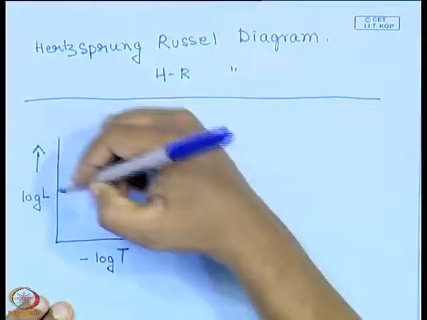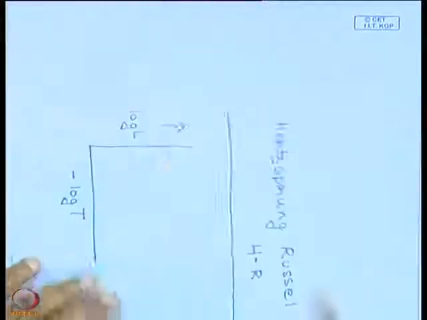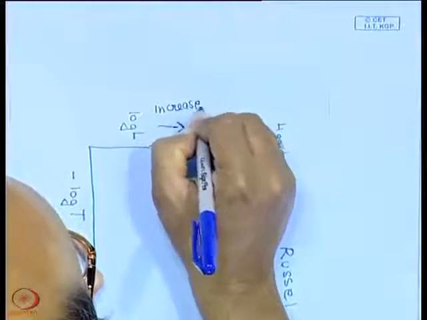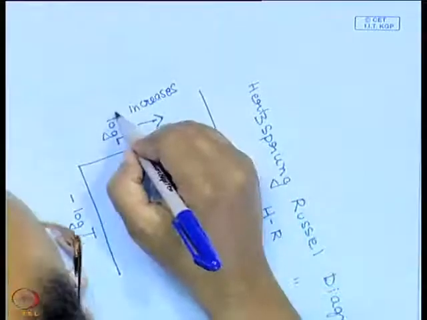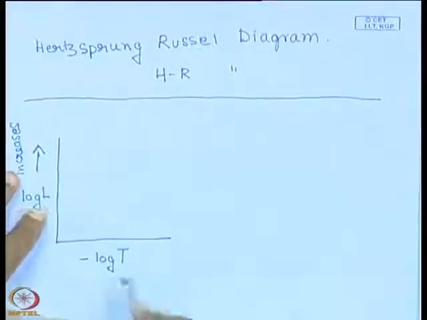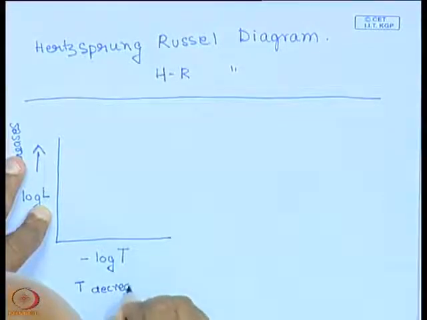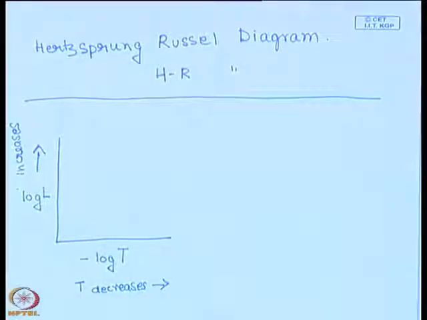So, the luminosity, let me just put it here, it increases this way, the L increases in this direction, T decreases in this direction, because it is minus log T which is plotted.